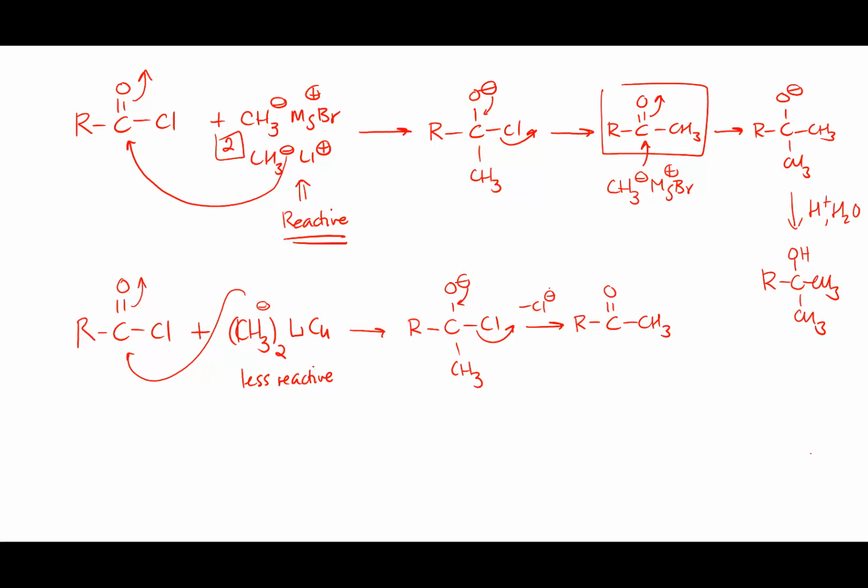So now I form my ketone. And that's it. The cuprate is not able to add a second methyl group to the ketone. And so the reaction stops at the ketone.